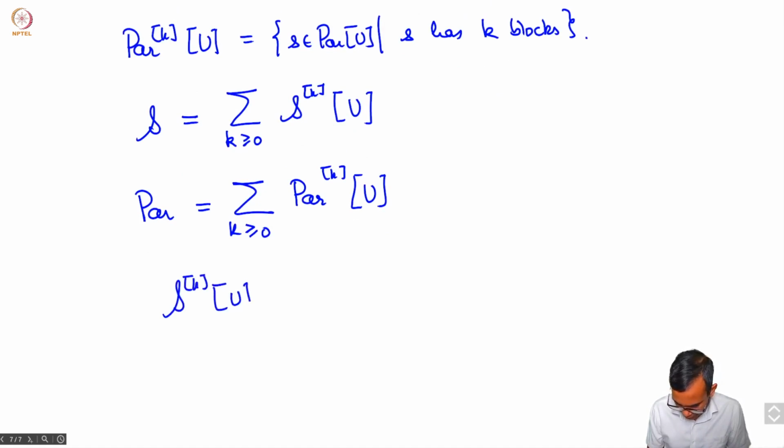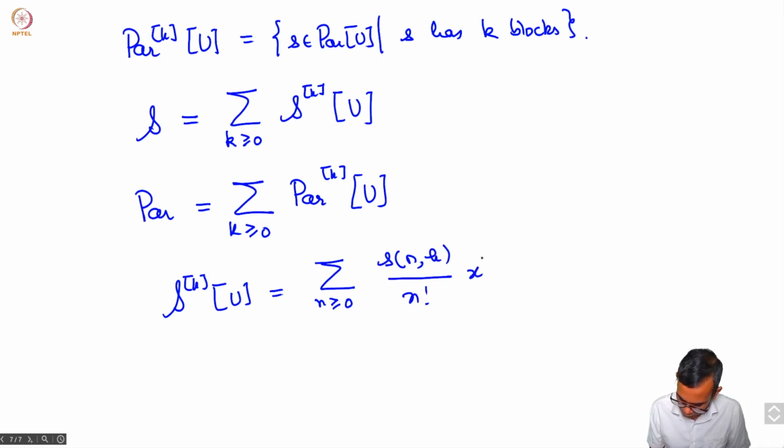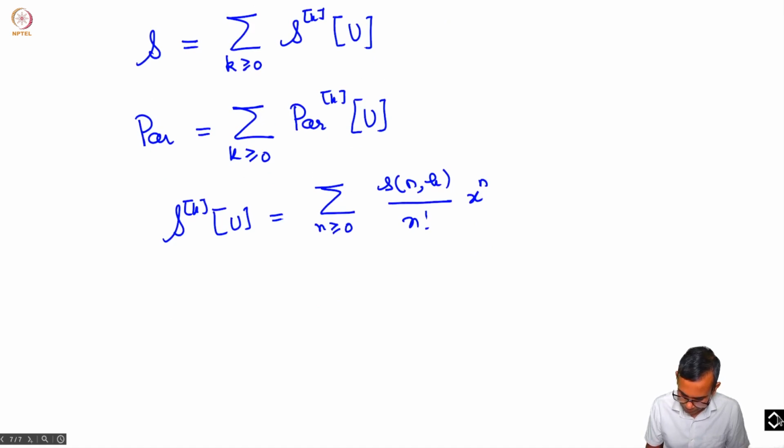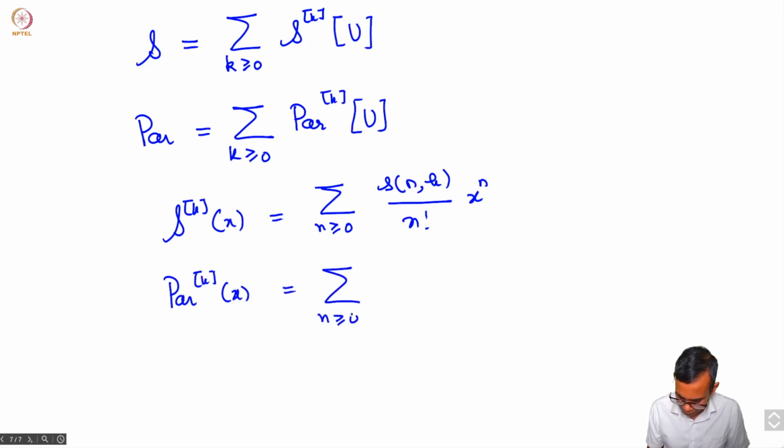S_k(U), its generating series is summation n greater than or equal to 0, unsigned Stirling number of the first kind s(n,k) by n factorial x to the power n. Sorry, S_k(x), and Par_k(x) is the sum n greater than or equal to 0 of the Stirling number of the second kind S(n,k) x to the n.